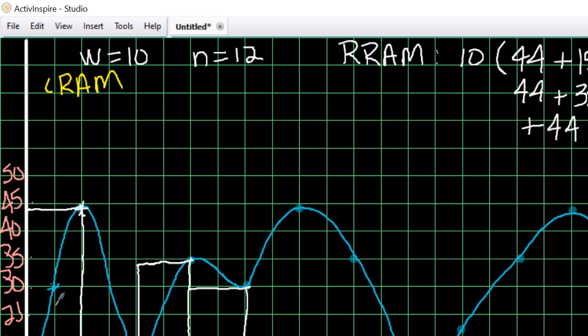It's 0, yeah. It can definitely be 0. So for the next one, I start here, but I draw my rectangle this way.